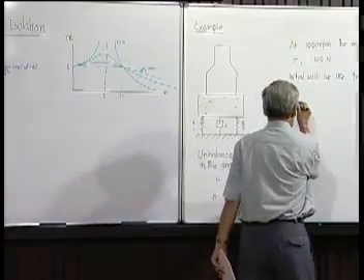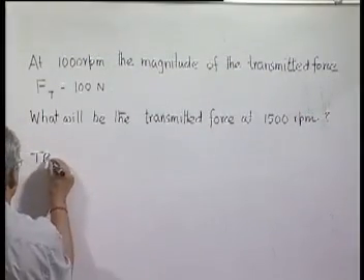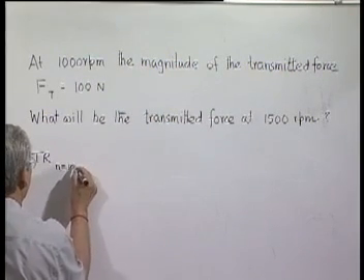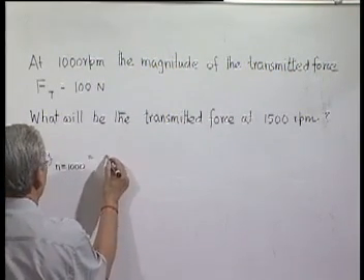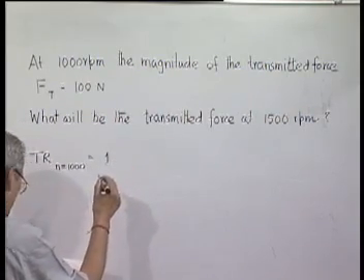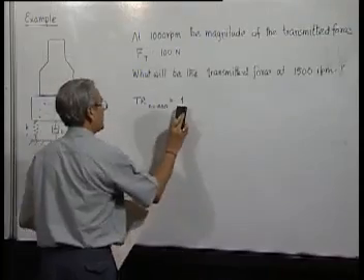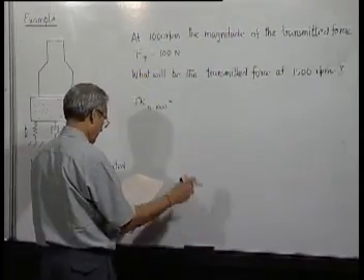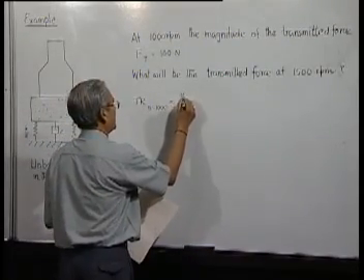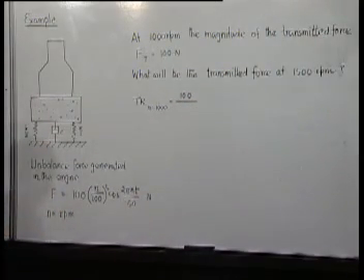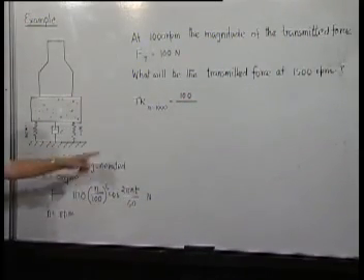So, now we have been given that transmission ratio or transmissibility at n is equal to 1000 is equal to, sorry, 100 is the transmitted, and how much is generated at 1000 RPM.